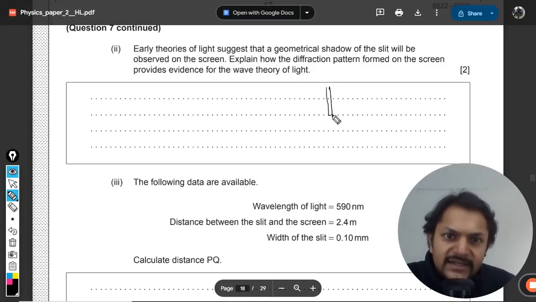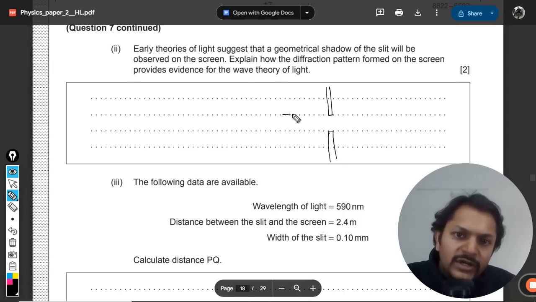Like this is the slit here, let's say, and it is illuminated with light, like this. The light is coming like this.